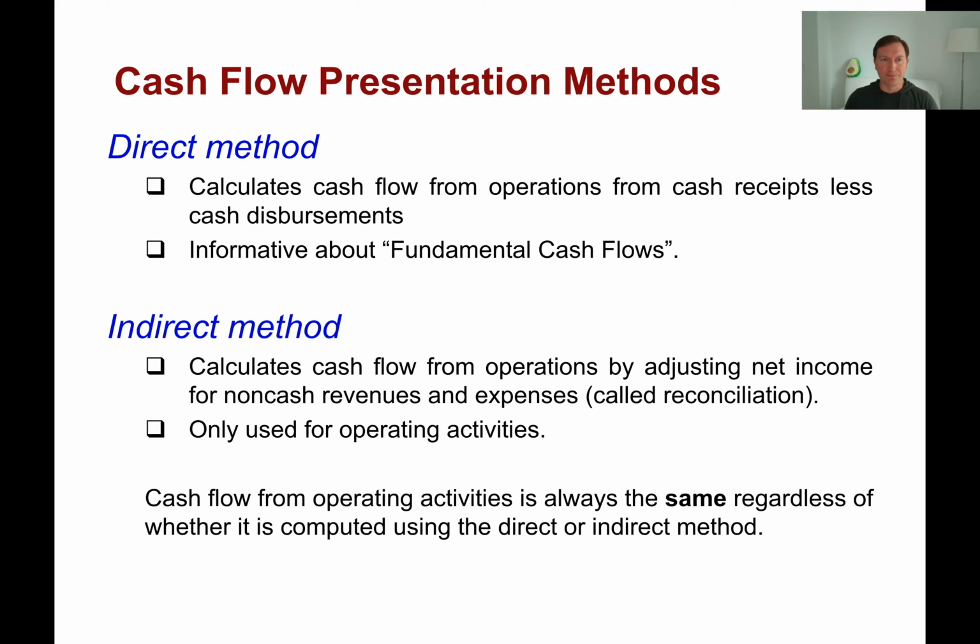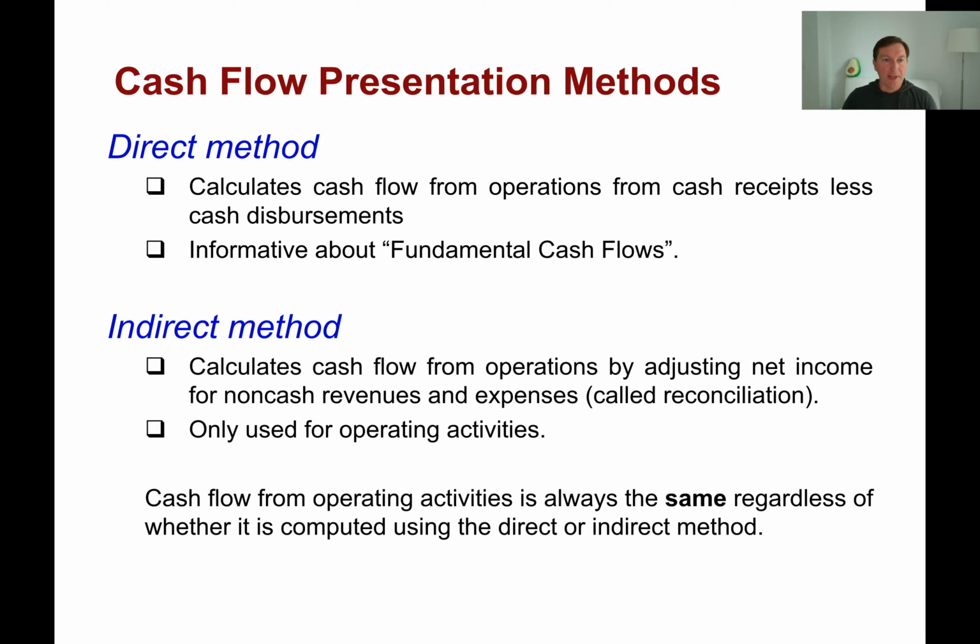Whereas cash outflows include cash paid to your suppliers, cash paid to your employees, cash paid to tax authorities, cash paid in the form of interest, and so on, right? So this is direct method. Cash flows are listed by type and whether it's inflow or outflow.